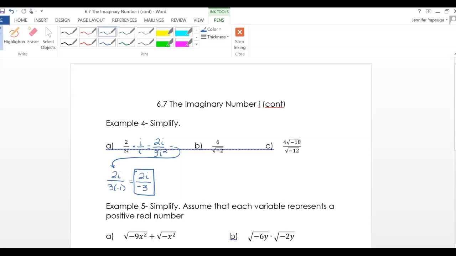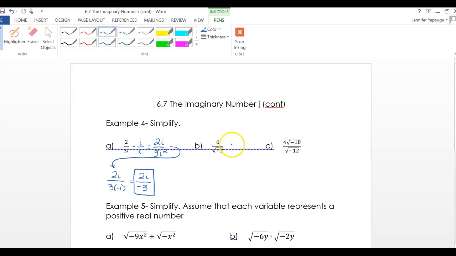All right, let's take a look at part B. As we talked about yesterday, the inclination would be to multiply by the square root of -2 over the square root of -2. But we first need to simplify it as an imaginary number before we can move forward.